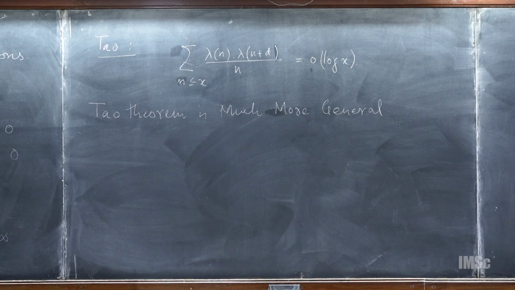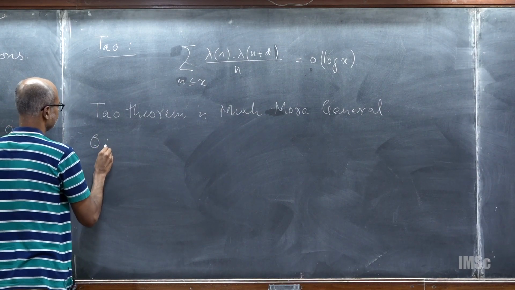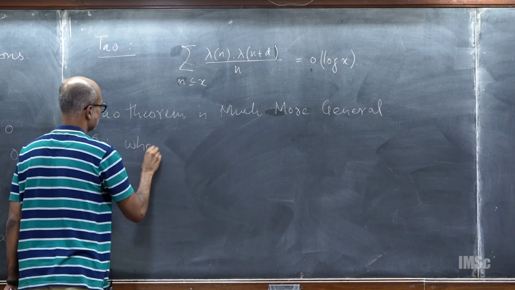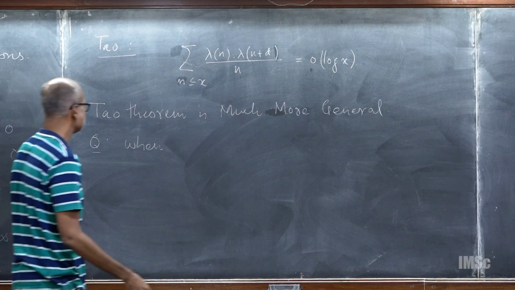So to get to the general version, let's start with the more fundamental question: when does such a thing go to 0? When is the correlation 0?